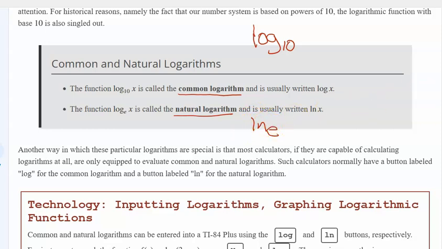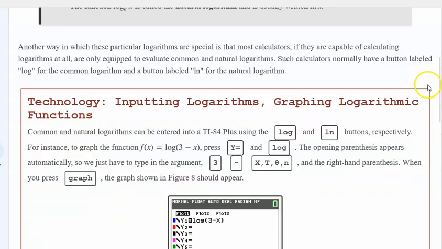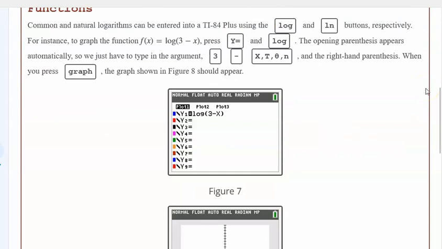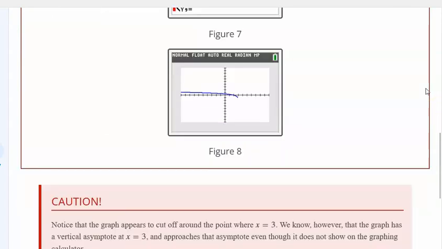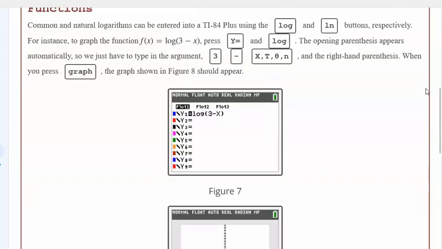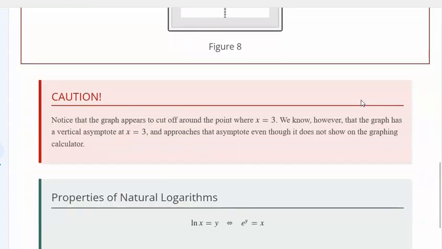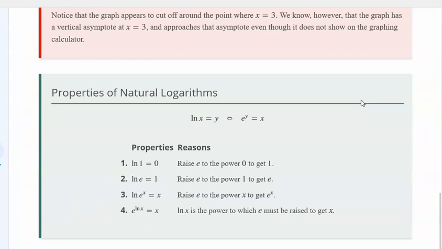So pause, continue to read this over as needed. I'll raise it up a little. And again, these are all in your learn sections as well, showing you how to put the log form into your calculators and it graphs them. We'll also do this on Desmos.